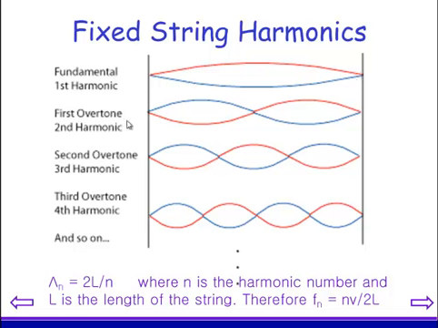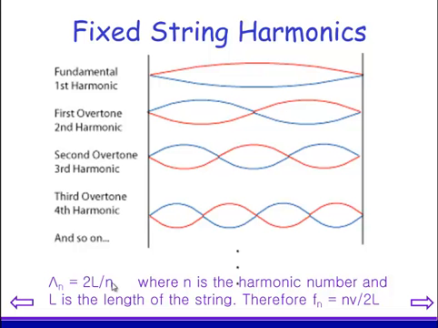If we look at the second harmonic, the wavelength is going to be equal to the length of the string. This pattern is repeated, and we find the wavelength of a certain harmonic, harmonic n, is equal to twice the length of the string divided by n, the harmonic number.